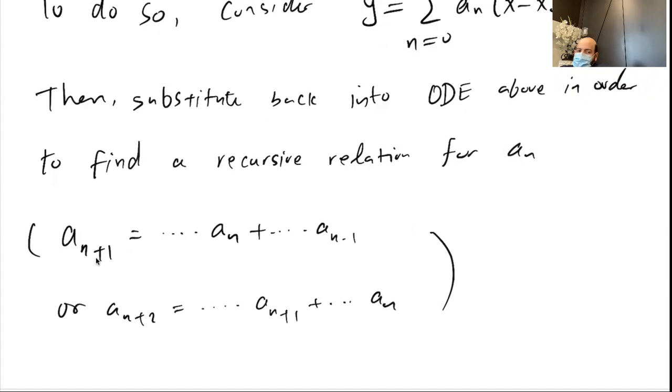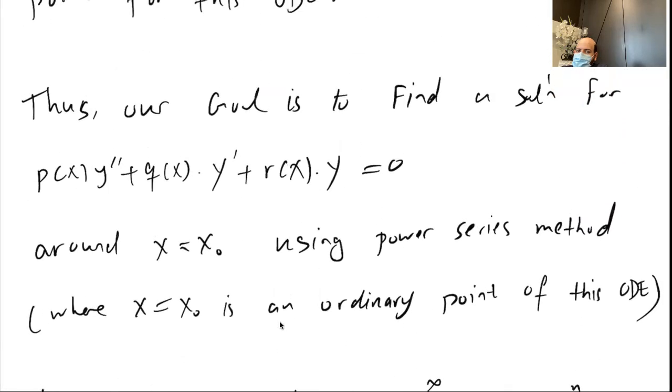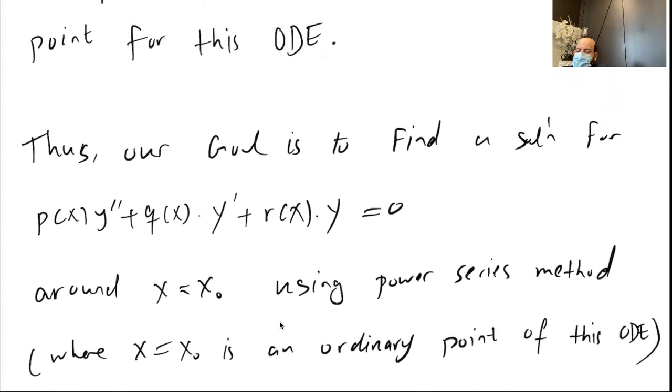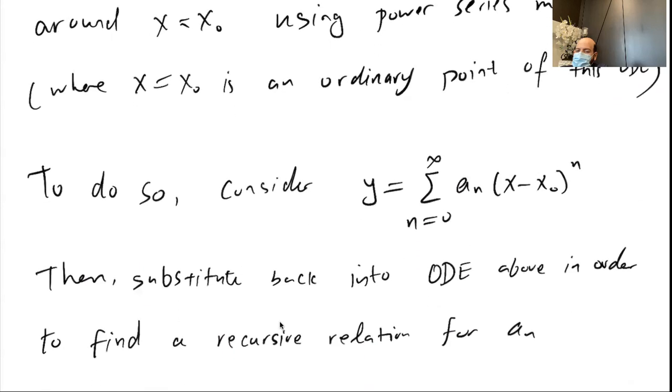So for example, a n plus 1 is given in terms of a n and a n minus 1, or a n plus 2 is given in terms of a n and a n plus 1. This is called a recursive relation for a n. So if I substitute this back into the original ODE, then I'll be able to find a recursive relation for a n, and then I can use that recursive relation to solve my ODE.